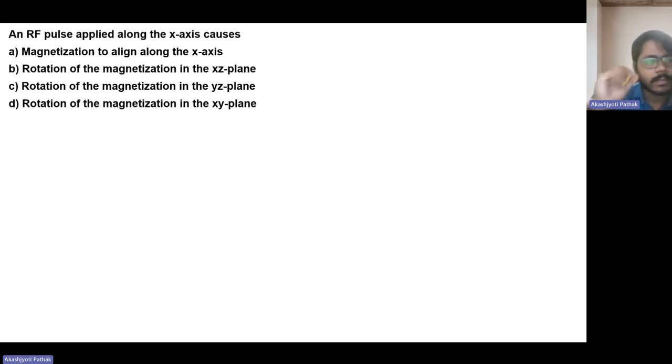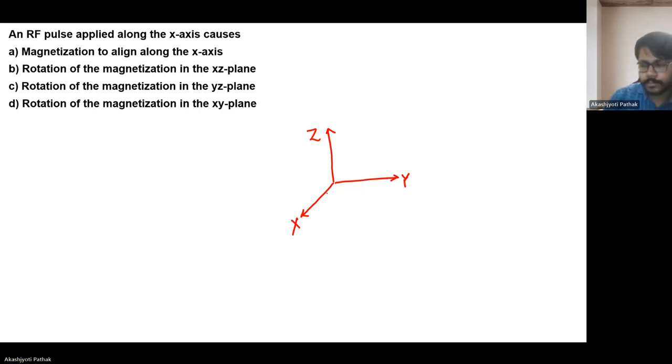So we will be following the Cartesian coordinates of x, y, and z. Okay, so this is x, this is your y, and this is the z, right?